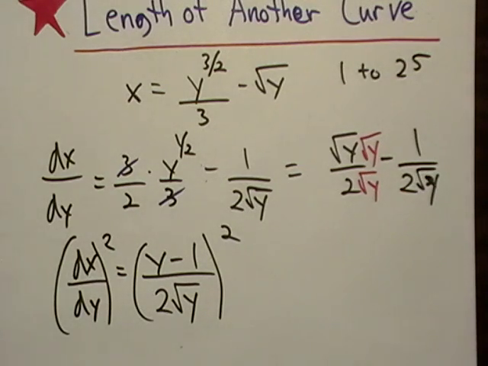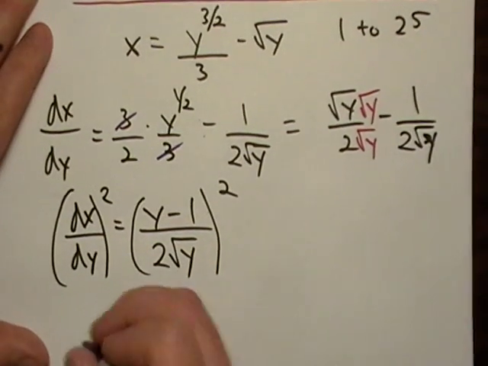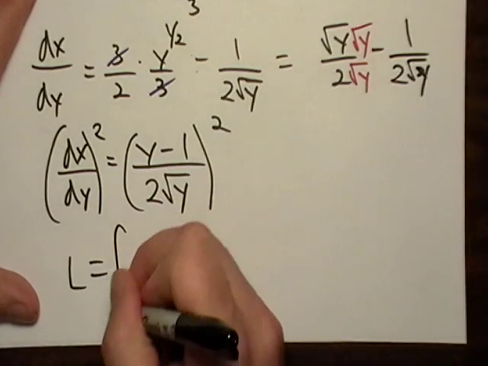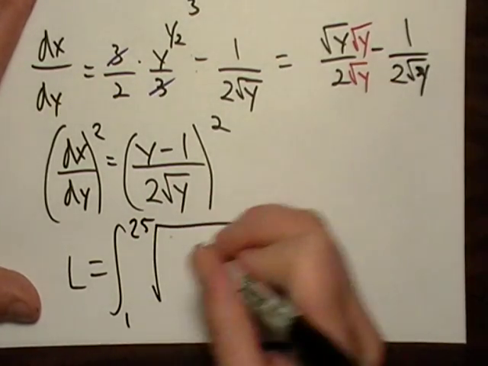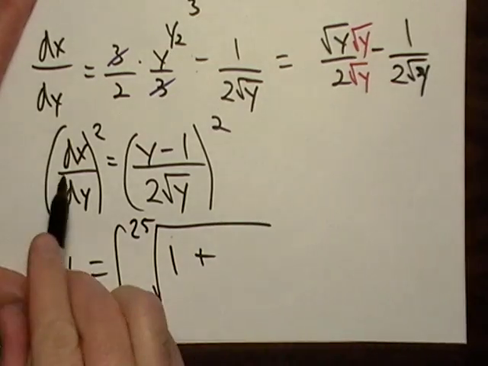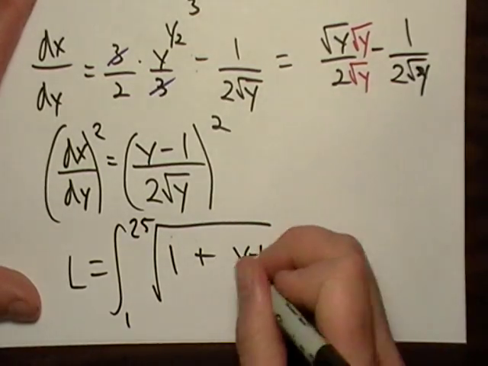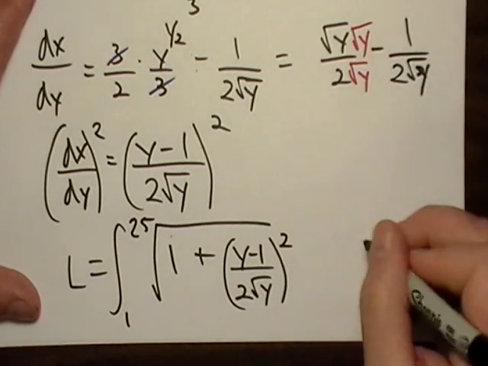So let's plug our length in here. Now I'm looking for 1 plus the square of the derivative, not the square root, but the square of the derivative. Okay, I got that.